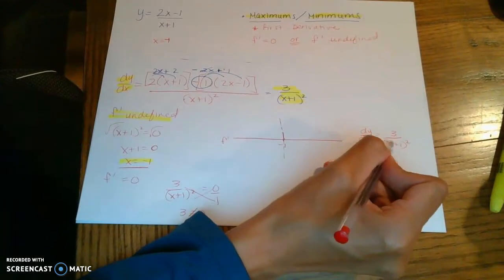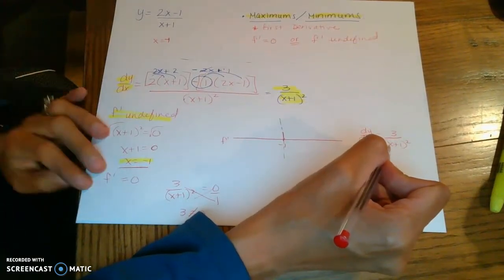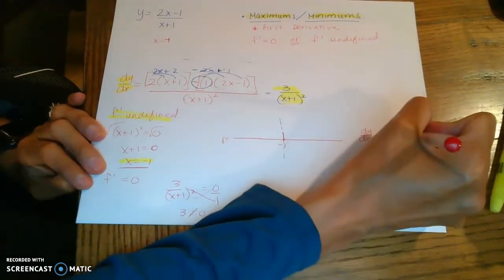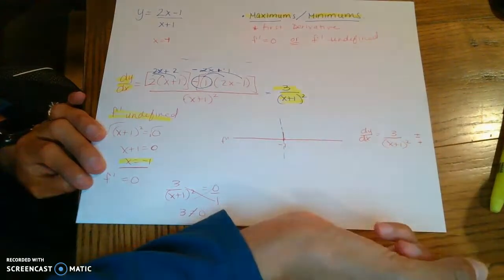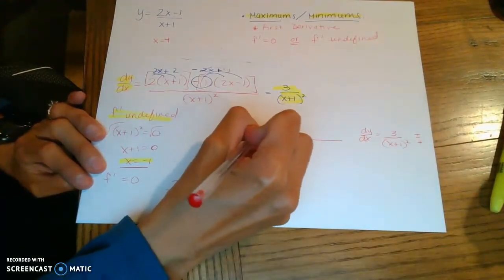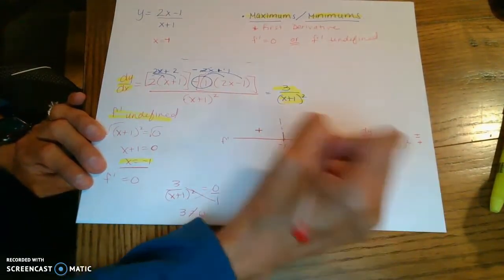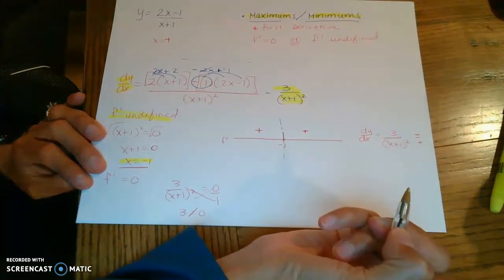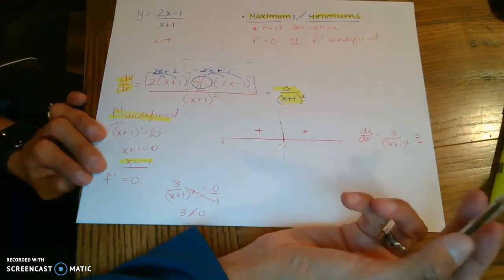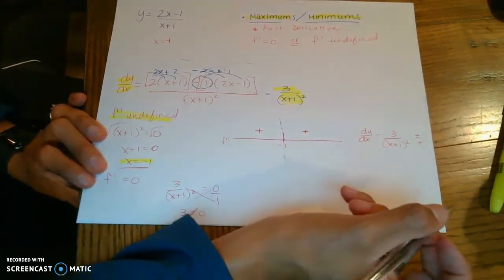Now think about it. It doesn't matter what I plug in for x, because if I square it, it's always going to be positive. So this will always be a positive over positive. So it's going to be positive here, and if I did 0, it's also going to be positive. So I definitely have no max or min because I don't even have a sign change.